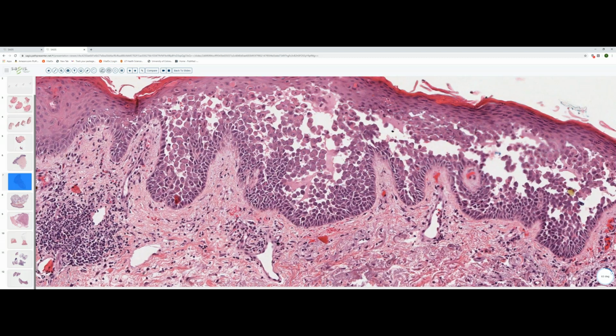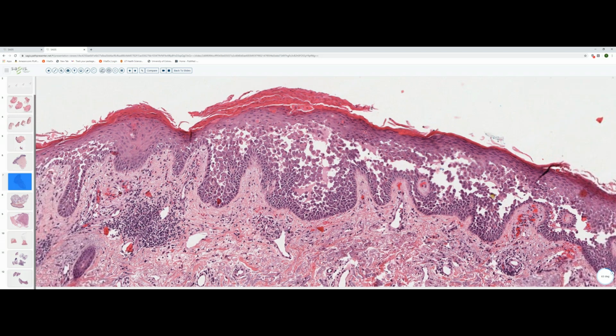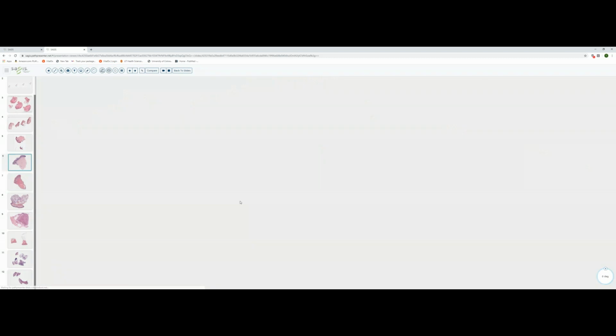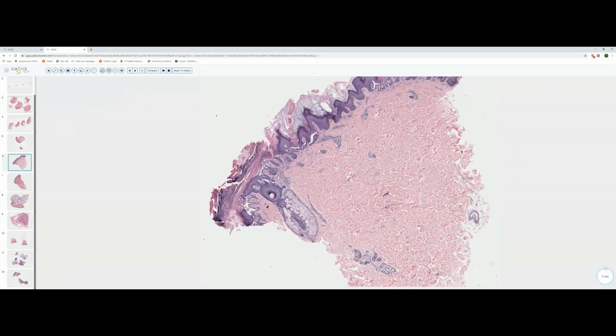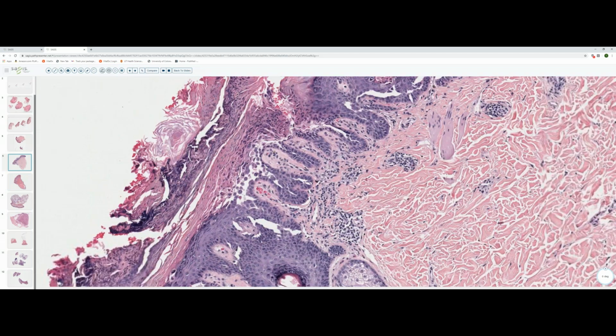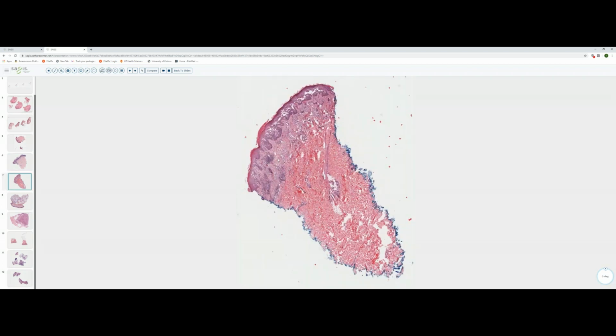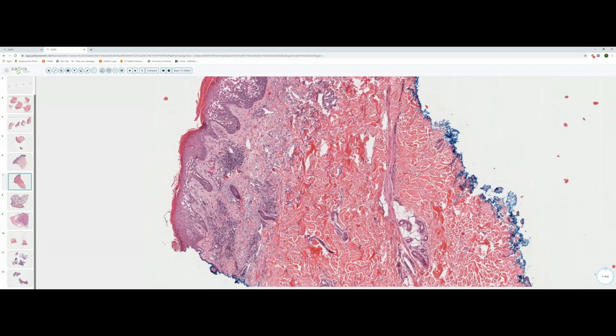And unlike that last example, there's no really significant or appreciable dyskeratosis involving the epidermis. There may be an occasional dyskeratotic cell, but if we go back to the slide that we just looked at, the dyskeratosis in this case of Darier's disease is much more pronounced than that seen in this case.